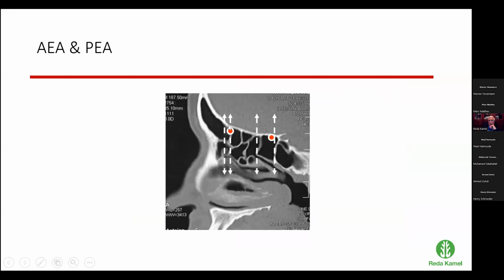The anterior ethmoid artery runs along the anterior wall of the bulla. In most of the cases, as Professor Huseman showed us with very good examples, there are a lot of variations, so we have to study the CT. The posterior ethmoid artery is usually along the face of the sphenoid sinus.